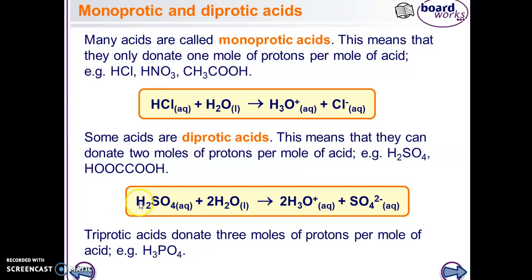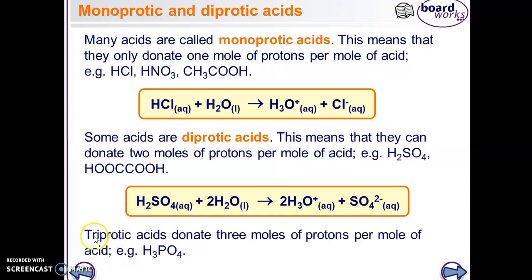Here examples are sulfuric acid and ethane dioic acid. This ethane dioic acid is an organic acid which contains two replaceable hydrogens. So on dissolving in water, this ethane dioic acid is going to produce two H positive ions. So it is also called a diprotic acid.